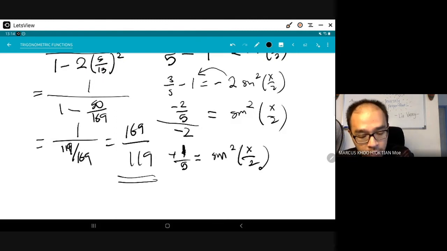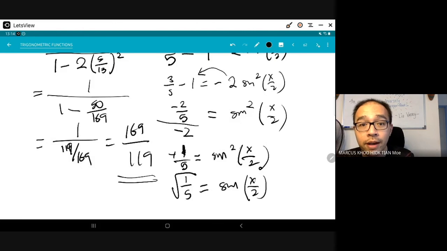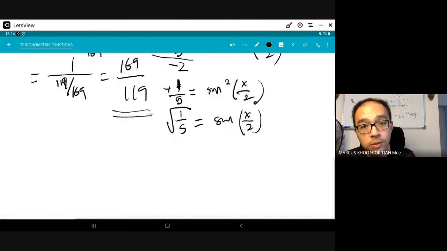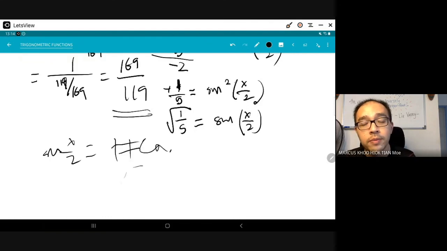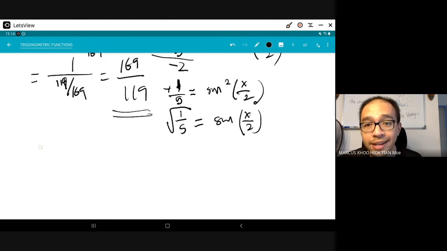So in order for us to find sine x over 2 only, we just square root 1 over 5. I would rather you do this than go and memorize sine x over 2 equals 1 minus cos, it's in the textbook. I would highly advise you against doing that.